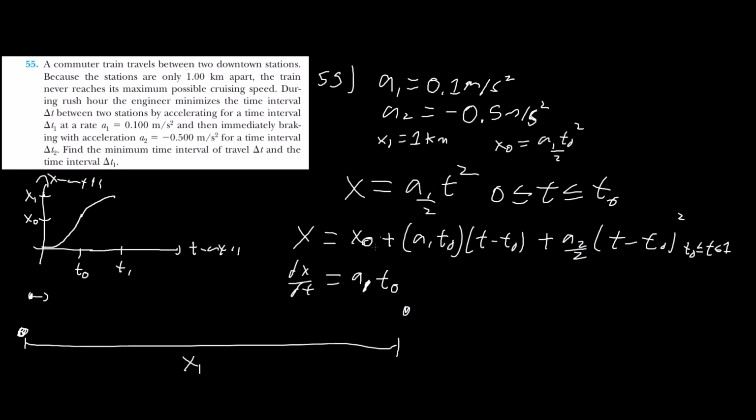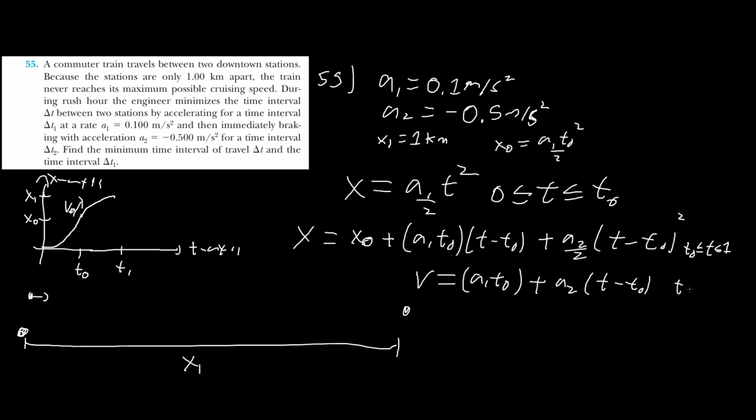Or actually, wait, that's not true. No, I'm almost right. So plus a over 2 times 2 times t minus t naught. That's another way of writing the final velocity being the initial velocity, a1 t naught. This is going to be the initial velocity at that point, so that's going to be the v naught right there, added to a over 2 times t minus t naught, over the time interval from 0 to t1.